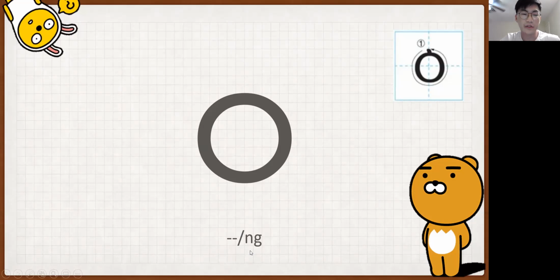But let's say you put this on the bottom, on the 받침, when you're writing syllables, then it will have a sound. It will have the NG sound. So this is silent initially, but if you put it on the bottom, the 받침, then it will make an NG sound.